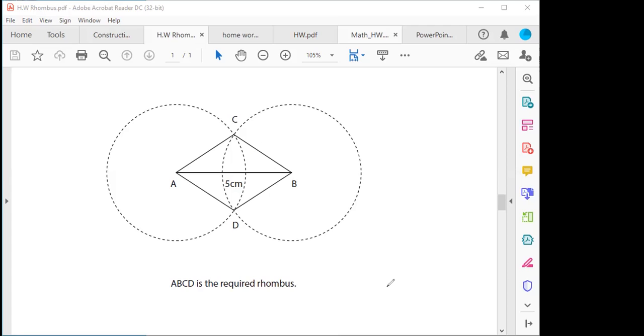It can be CADB, or it can be ACBD or ADBC. Okay, so be very careful about the name.